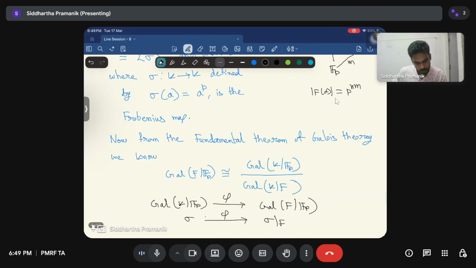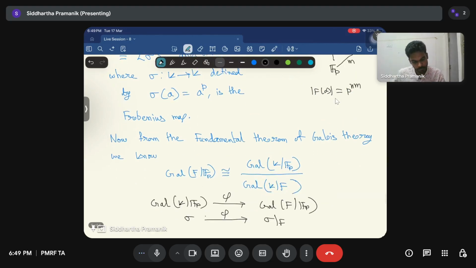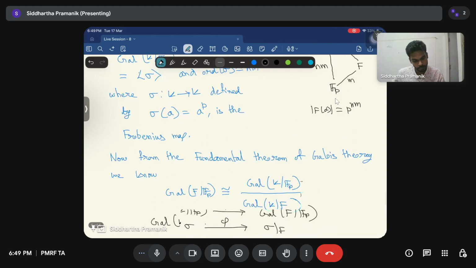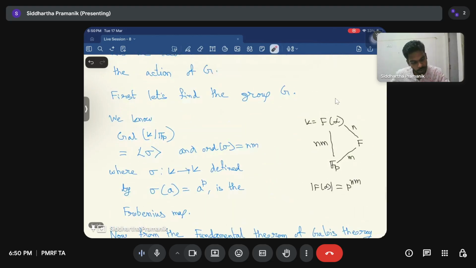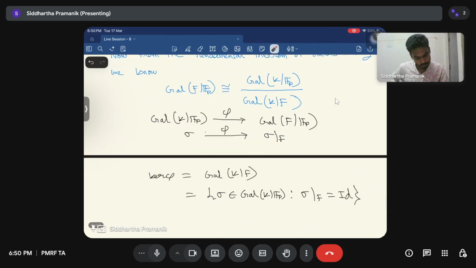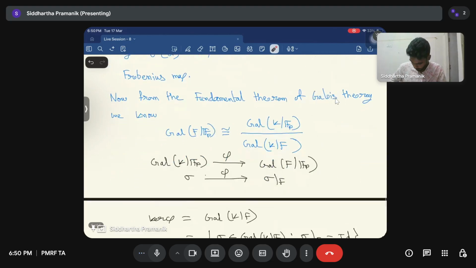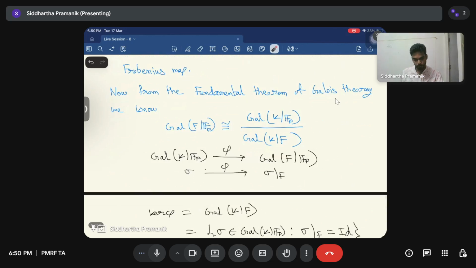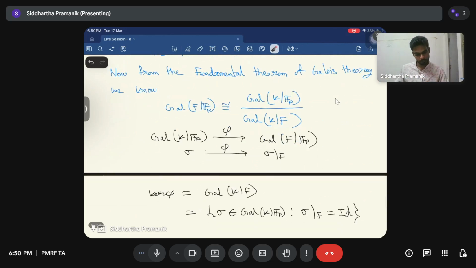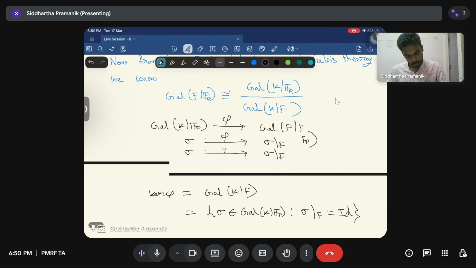So basically we don't need these things. We want to find this Galois group. We know this Galois group, and this is a subgroup. So let me write.